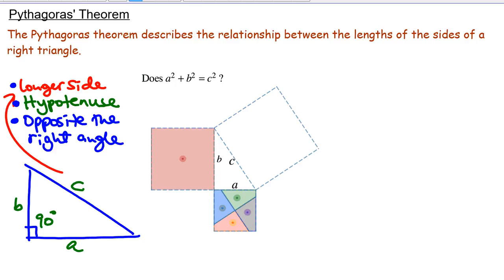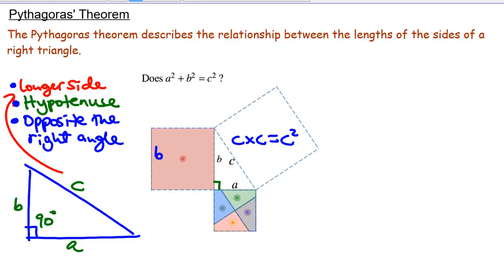Now, something else that I want to talk about is the right angle triangle here in terms of the areas formed by the squares of these sides. For example, the square of the hypotenuse or the square of the longer side here will be C multiplied by C, which will be C squared.